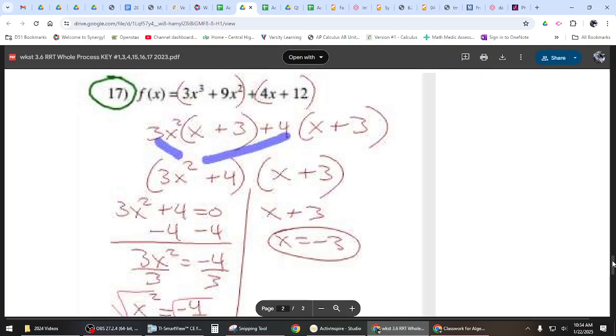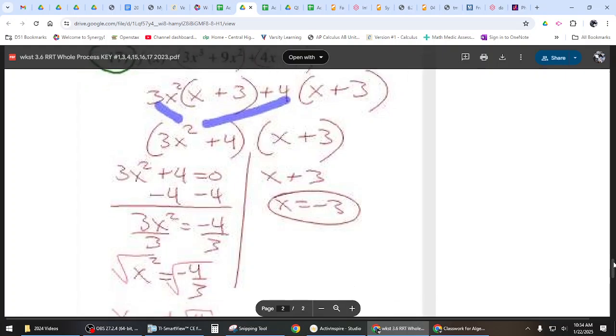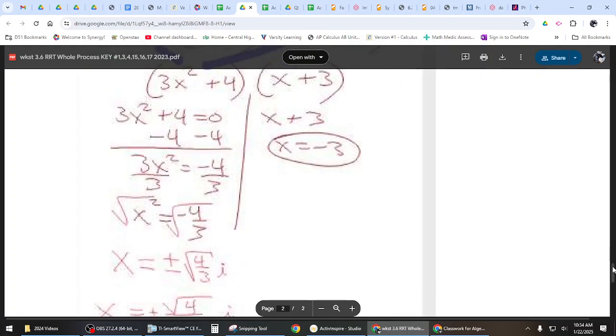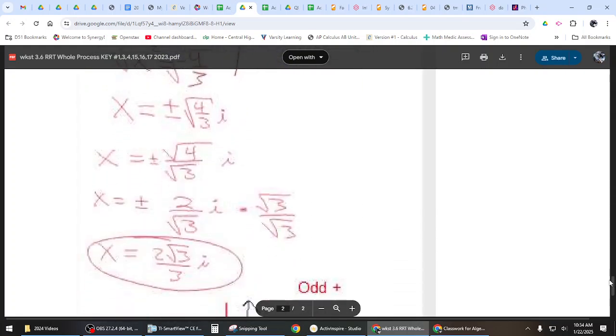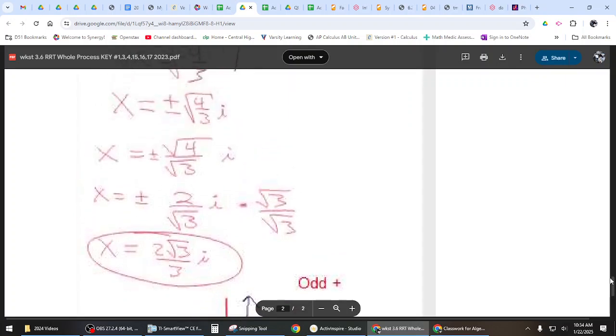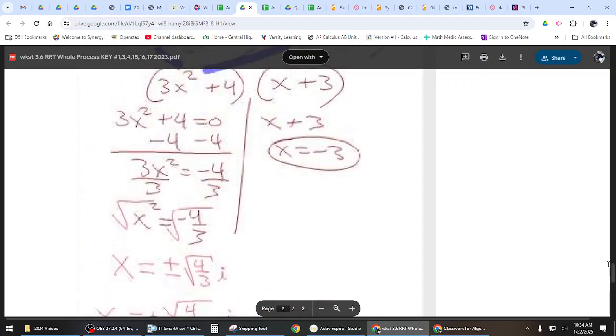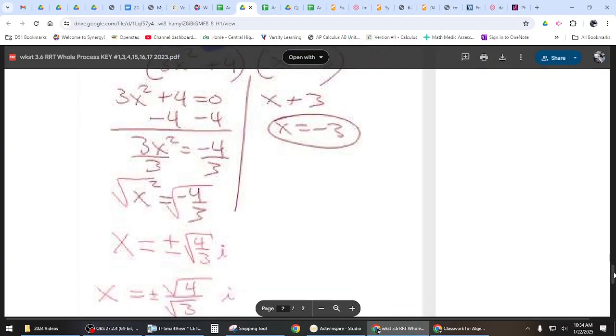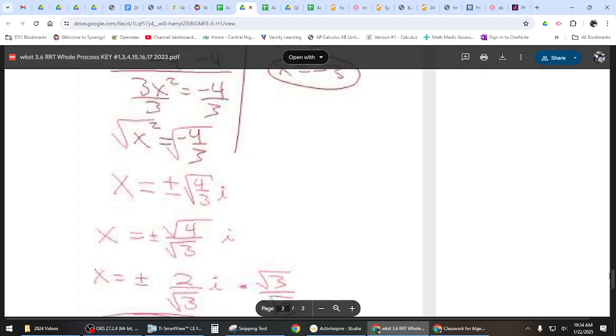So what you should have gotten, whether you did rational root or grouping, was, where's my list? It's kind of a mess, honestly. I guess I didn't write a list for this one. So you should have got a 0 at -3. You should have got 2 zeros at positive and negative root 4/3 i.